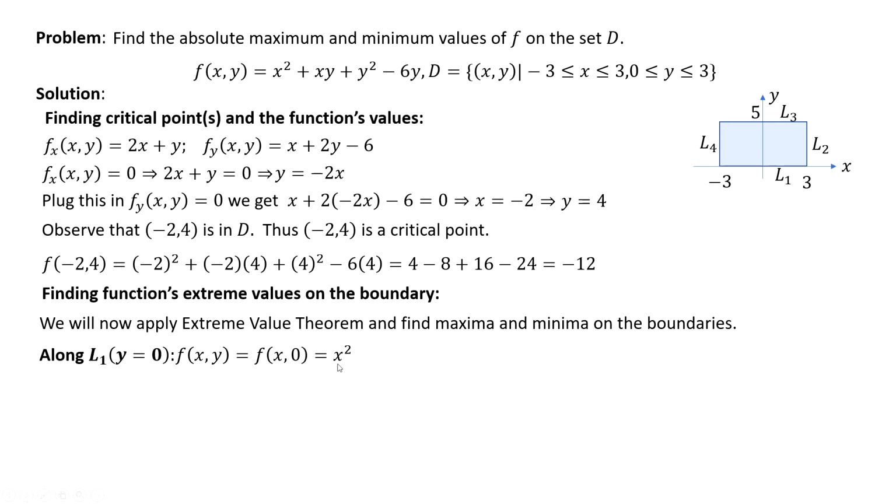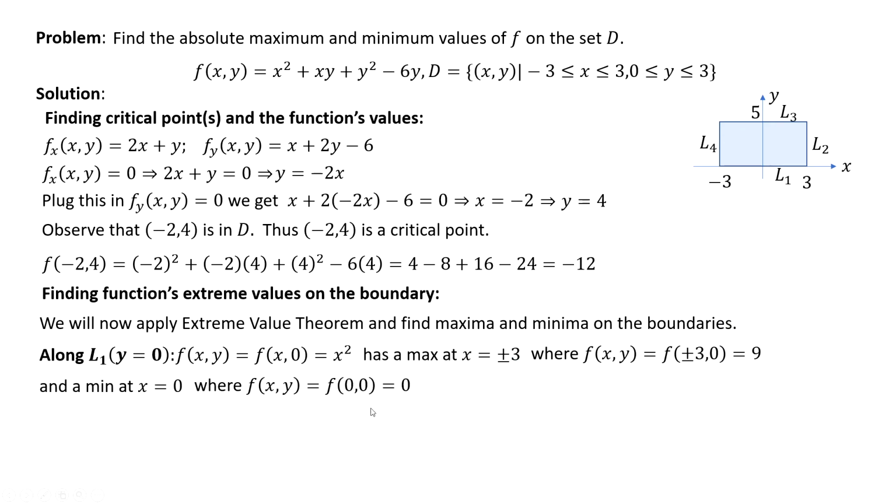And we know the minimum would be at x equal to 0, whose value is 0. So it has a maximum at plus or minus 3, where the value is 9, and a minimum at x equal to 0, so the value of the function there is 0.